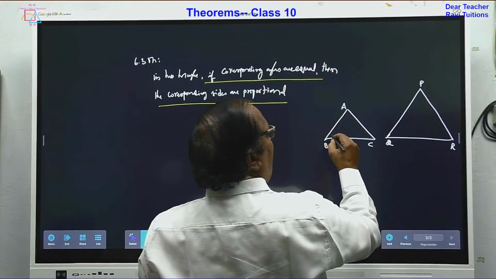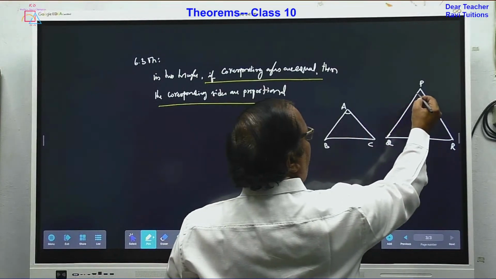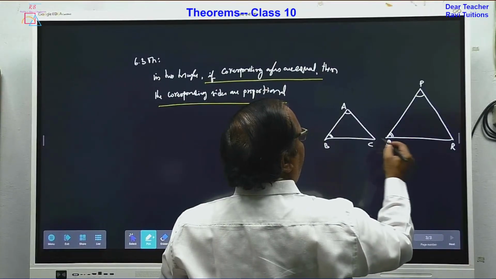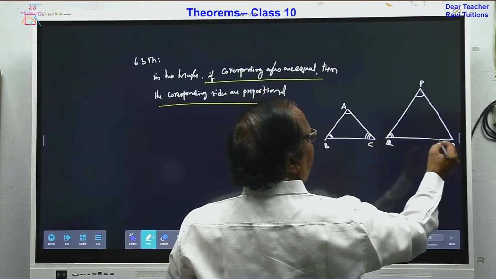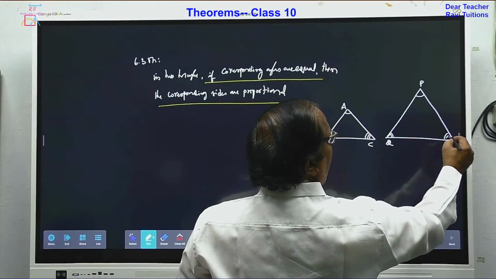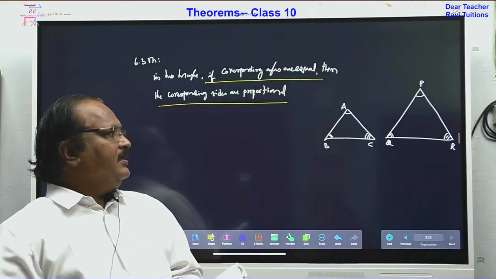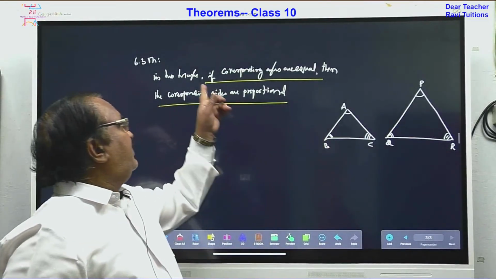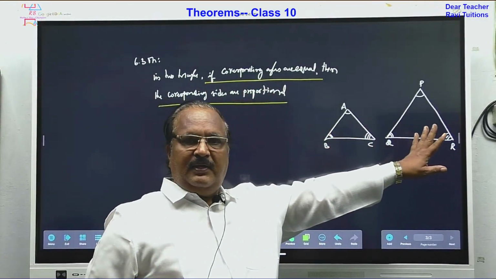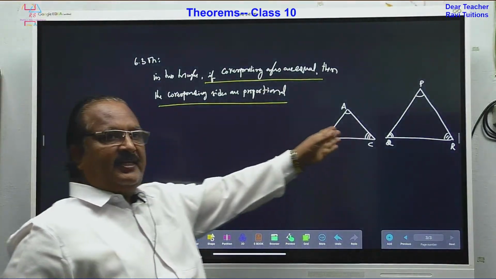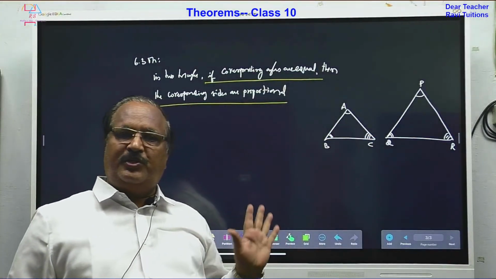Now angle A is equal to angle P, angle B is equal to angle Q, and angle C is equal to angle R. That means corresponding angles are equal. Then we have to prove that their corresponding sides are proportional.